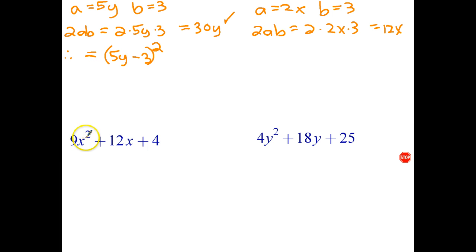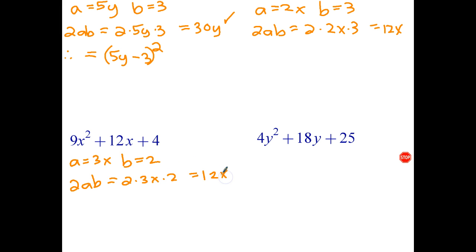Okay, if this is a perfect square, that's a squared. So a squared is 9x squared, so a is 3x. b squared is 4, so b is 2. And 2ab, which is the middle term, is 2 times 3x times 2. 2 times 2 is 4, times 3 is 12.